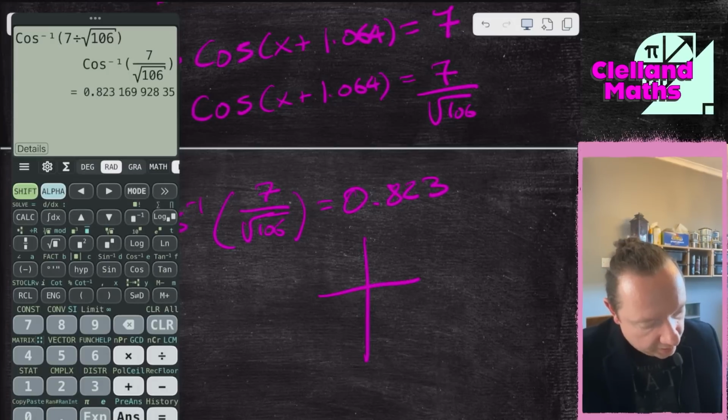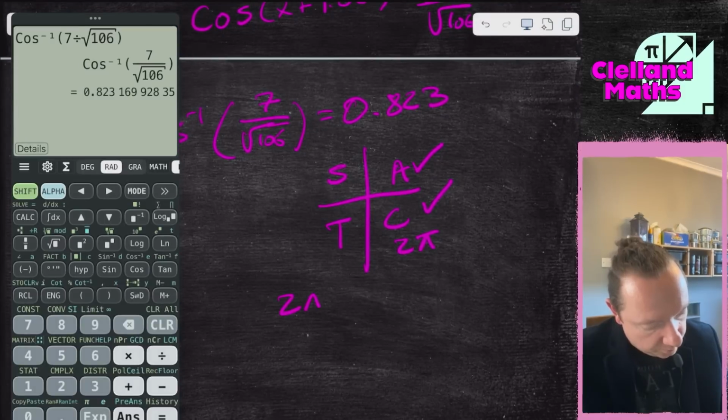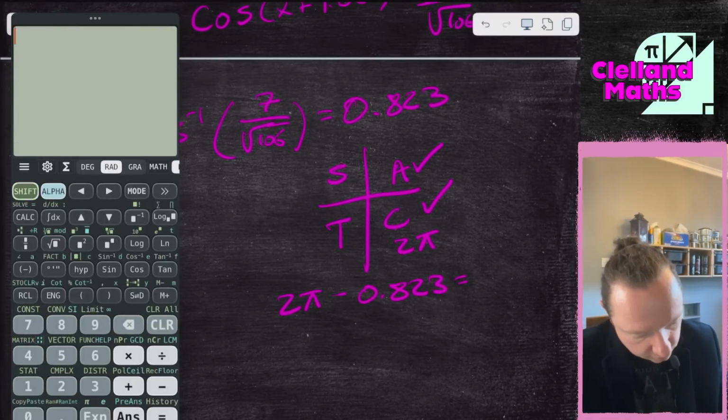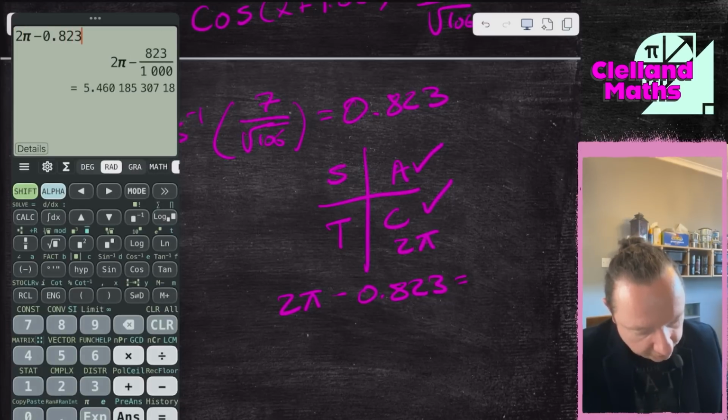CAST diagram to get another answer before I take off the 1.064. So cos was positive. So I do 2 pi minus the answer. So I can do 2 pi minus 0.823. 2 pi minus 0.823 is 5.460.